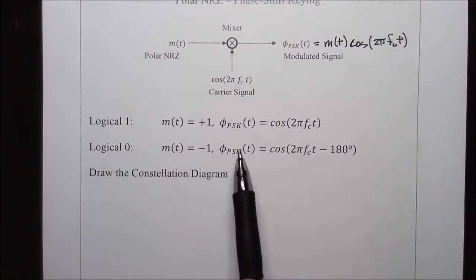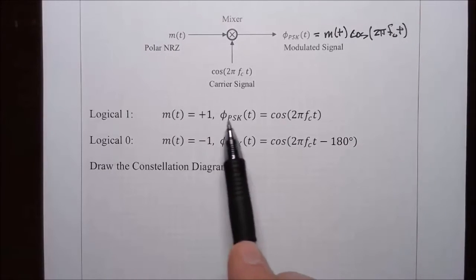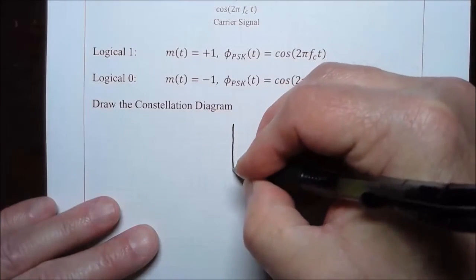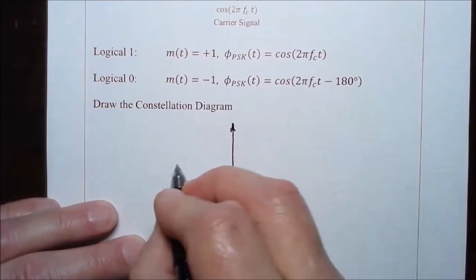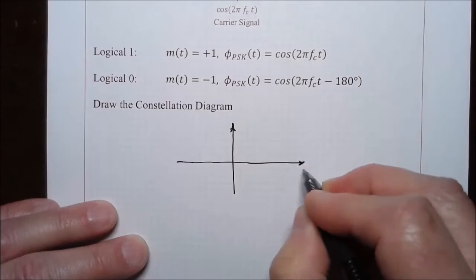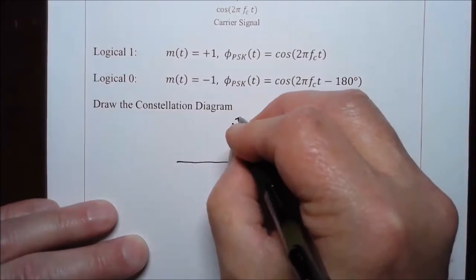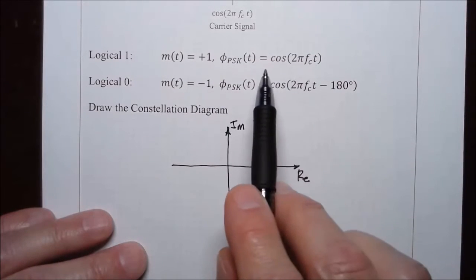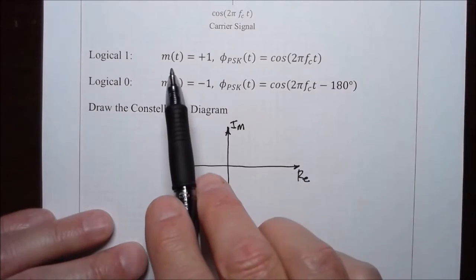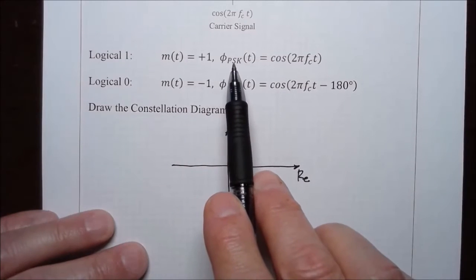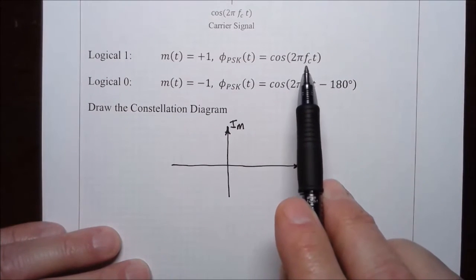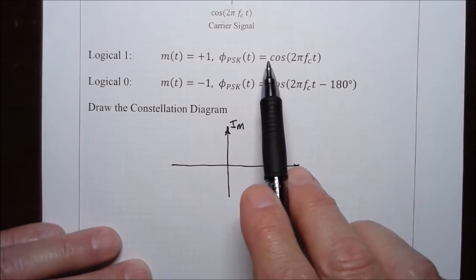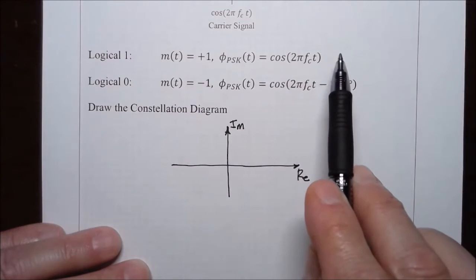Now we can draw a phasor diagram for both of these signals. I'll draw them together here on the same complex plane. This is the real axis. This is the imaginary axis. For cosine 2 pi fct, this is a phasor with an amplitude of 1. So for a logical 1, the phase shift keyed signal is cosine 2 pi fct with a phase angle of 0, so the phasor representation is 1 times e to the j 0.